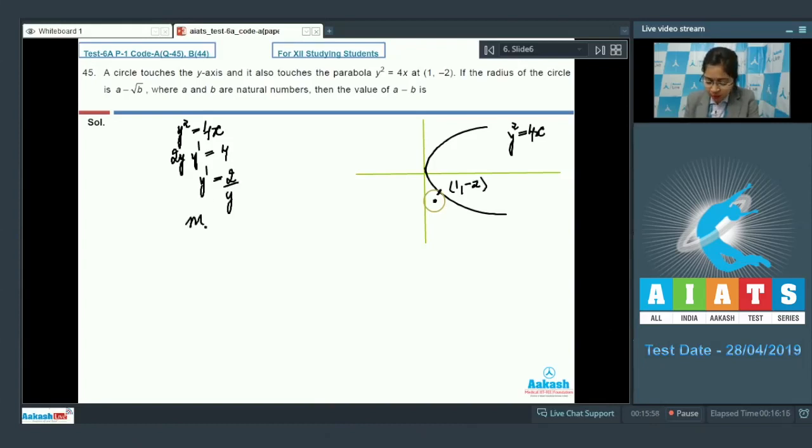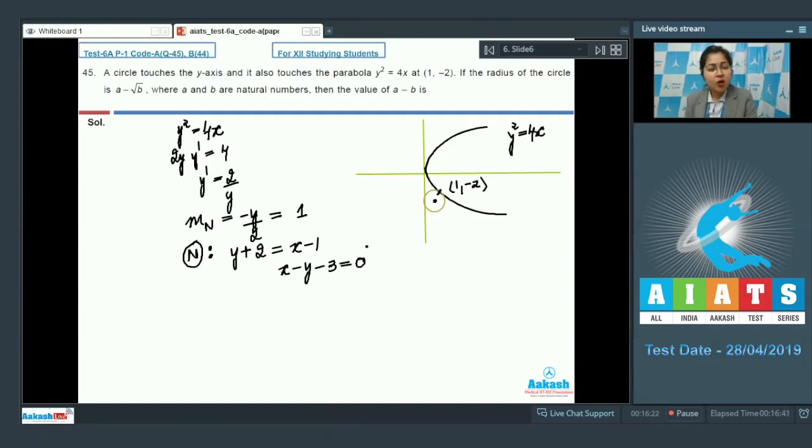So the slope of the normal will be equal to minus y by 2. Now at y equal to -2, the slope will be 1. So the equation of the normal will be y plus 2 equal to 1 into (x minus 1), that is, x minus y minus 3 equal to 0. This is the equation of the normal.